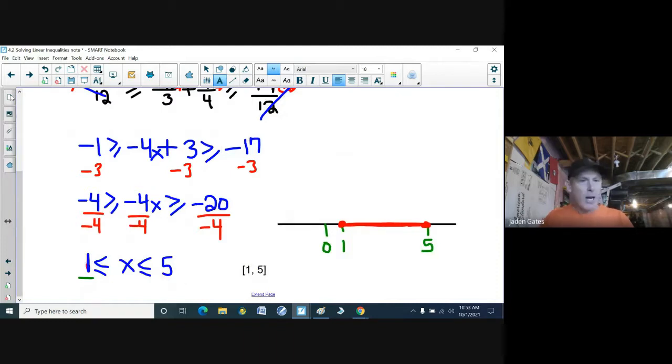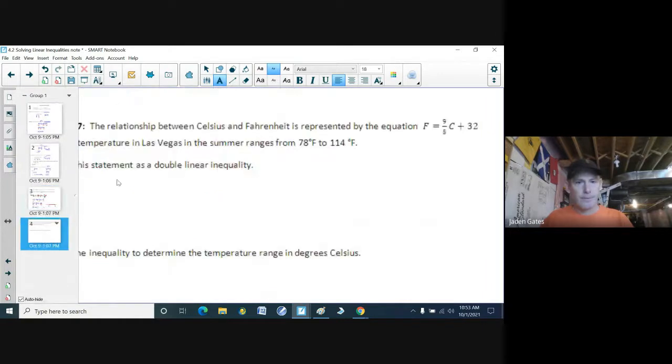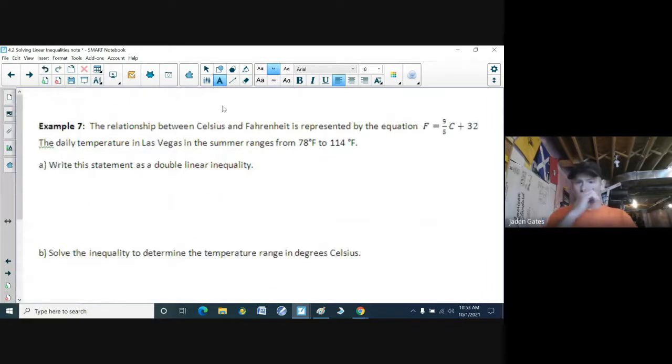All right, now the last one. The relationship, I love this one, between Celsius and Fahrenheit is represented by the equation F equals 9/5 Celsius plus 32 degrees. Now, this is kind of an interesting thing that I've learned, is that Celsius and Fahrenheit are two different ways of measuring temperature.